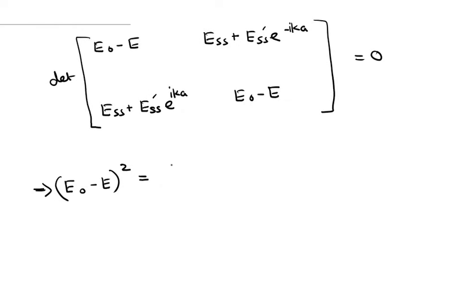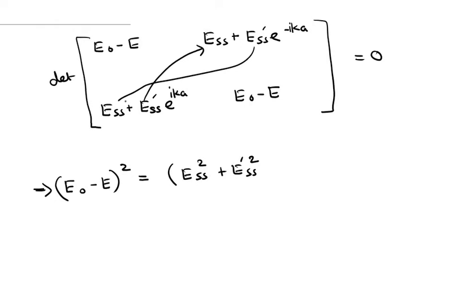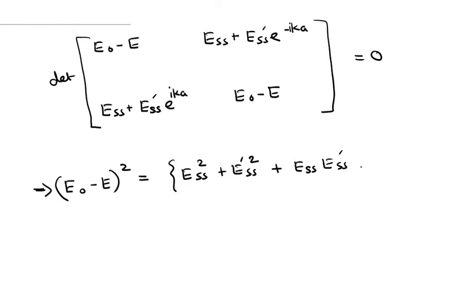So let me write it over here: ESS square plus ESS dash square, and then this term with this term and this term with this term give rise to, let me write a second bracket here, ESS ESS dash, e to the power i k a plus e to the power minus i k a.